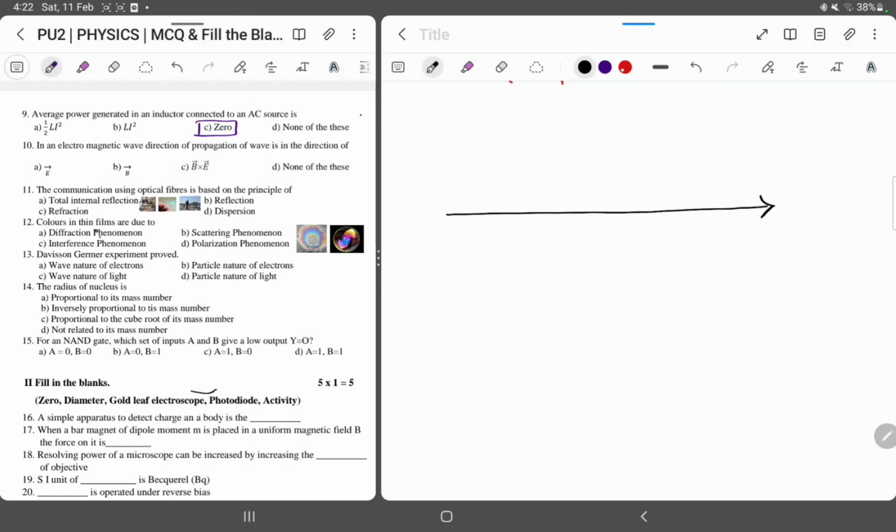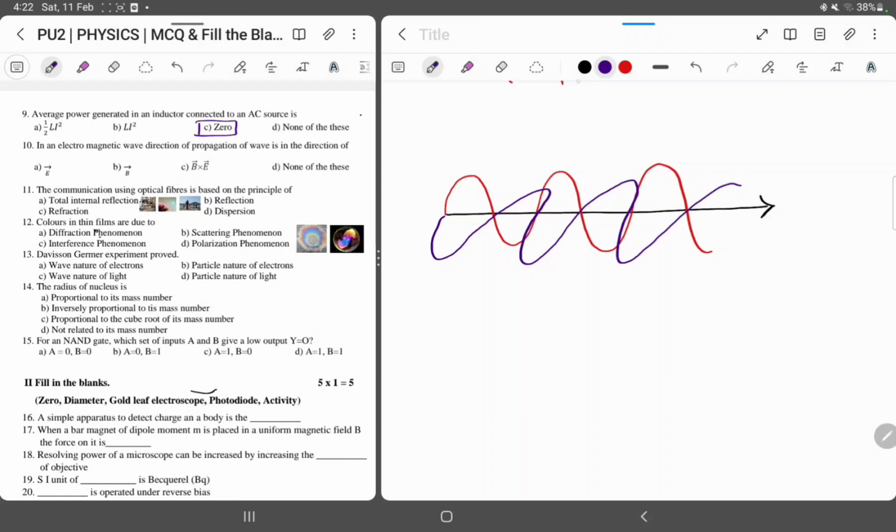Okay, and let me consider electric field component of the wave is like this, and magnetic field component of wave is like this. Then this is the direction of vibration of electric field, and this is the direction of vibration of magnetic field. This is electric field and this is magnetic field. Then direction of propagation will be E cross B.